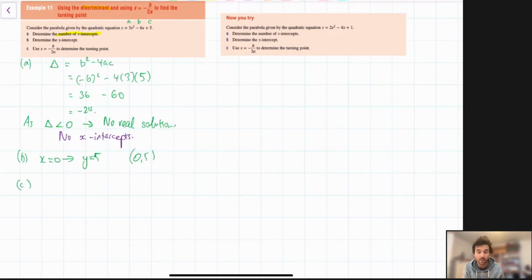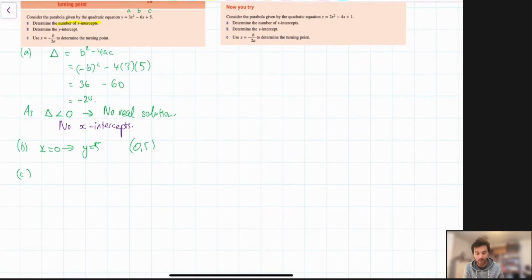C, using x is equal to negative b on 2a, determine the turning point. So let's find the coordinate of that turning point. The line of symmetry equation, negative b on 2a. Now, b in this case is negative 6 on 2a. And we can see that's going to be positive 6 on 6, which is 1.